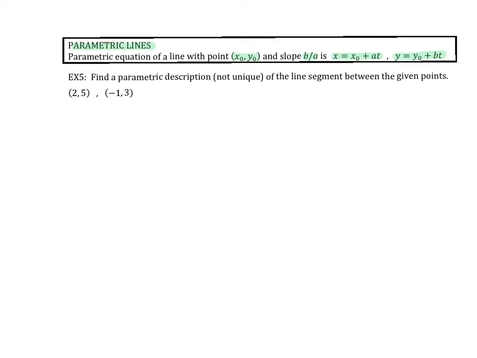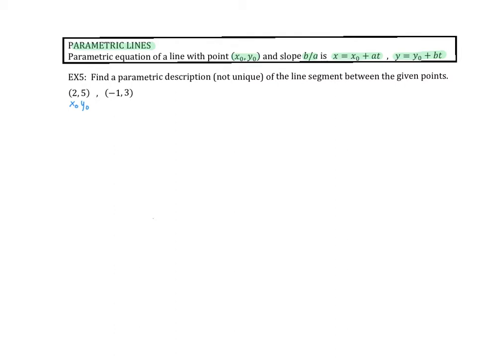Now, if I was given a direction, if it said you're starting at 2, 5 and you're ending at negative 1, 3, then the starting point would be my x sub 0, y sub 0. But again, I'm not given a direction here, so I'm just going to arbitrarily choose the point 2, 5 to be my x sub 0 and my y sub 0.